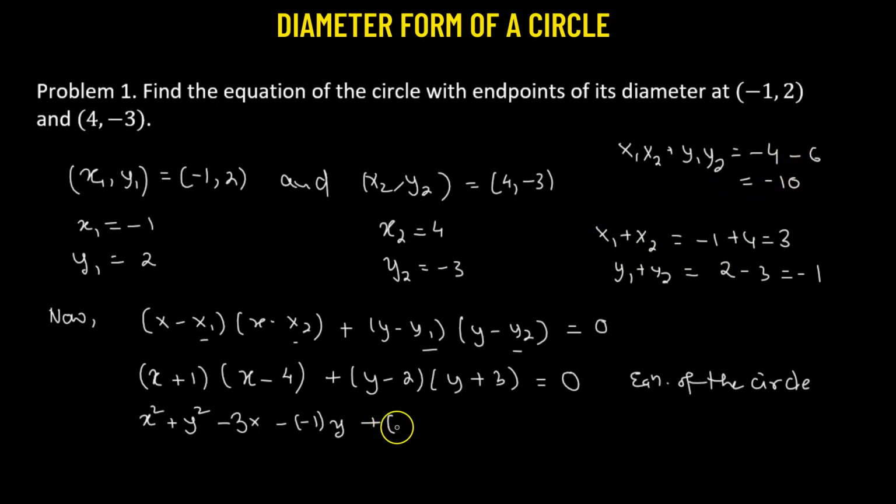So this is going to be negative 10 equals 0, or we can further simplify it, and this is finally going to give us the equation of the circle, x squared plus y squared minus 3x plus y minus 10 equals 0. So this is the equation of the circle, and we have obtained it by using the endpoints of the diameter. Let's go to the next problem.